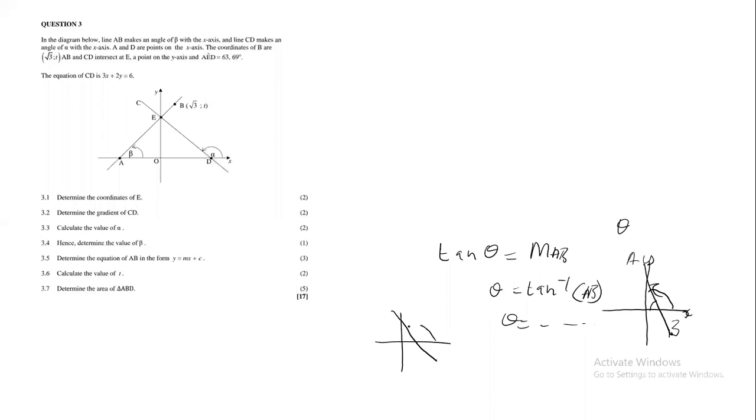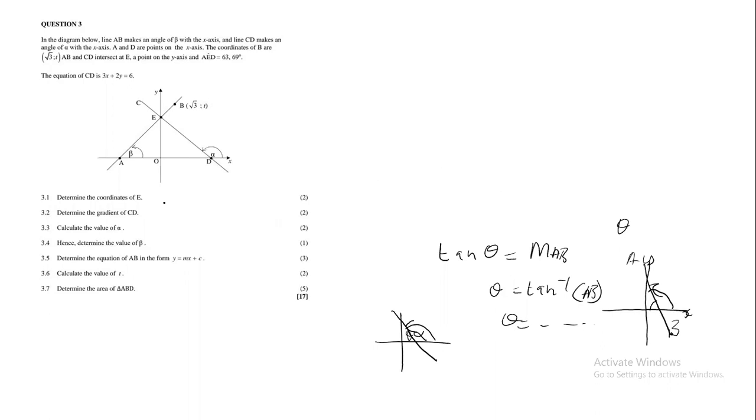You have to determine this angle first, okay? I'm going to call this angle alpha. After determining this angle, you will be able to determine angle theta by using the sum of angles on a straight line. So each and every time, if you are given the gradient of this line, start from the positive x-axis moving counterclockwise. I hope you all understand what I'm saying.